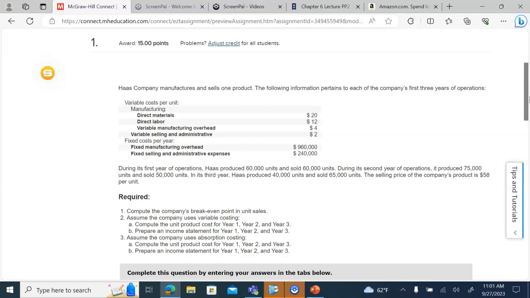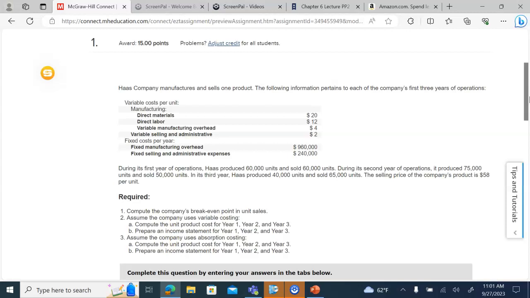During its second year of operations, it produced 75,000 units and sold 50,000 units. In its third year, Haas produced 40,000 units and sold 65,000 units. The selling price of the company's product is $58 per unit.